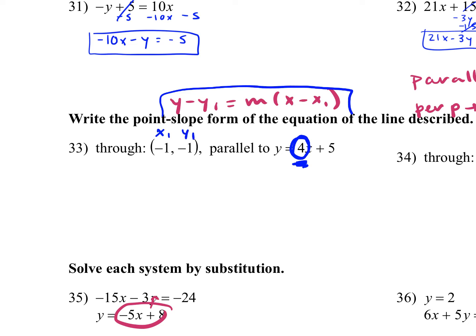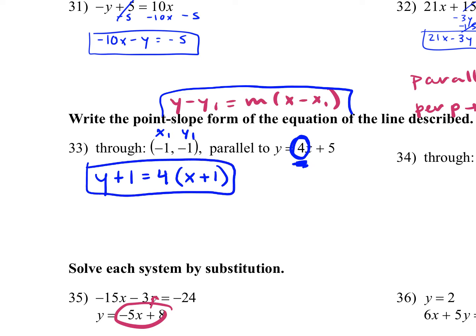So I have y minus 1 minus negative 1, so it becomes a plus 1, is equal to 4, which is my slope, times x minus negative 1, which becomes plus 1 again. So that is my point-slope form. So you just plug in your point and you plug in your slope. Since it's parallel, that means my slopes are going to be the same.